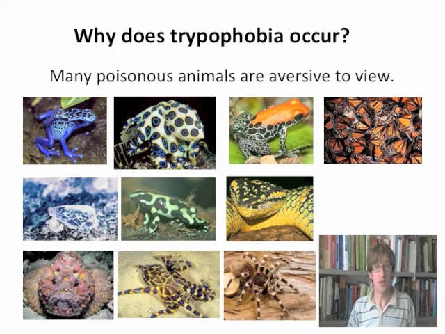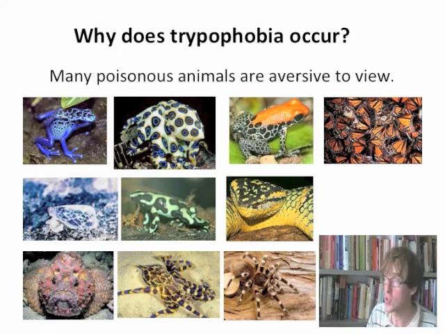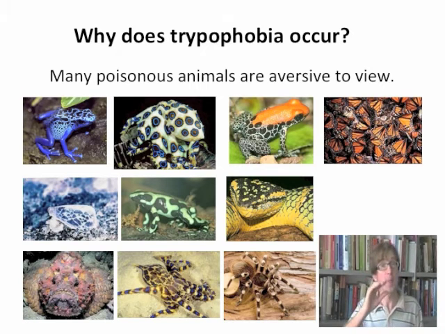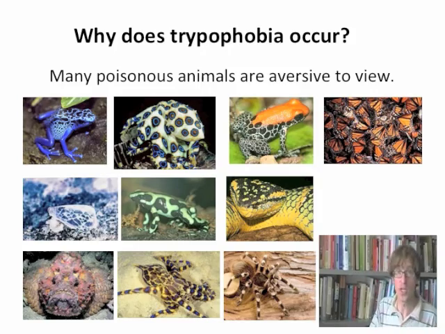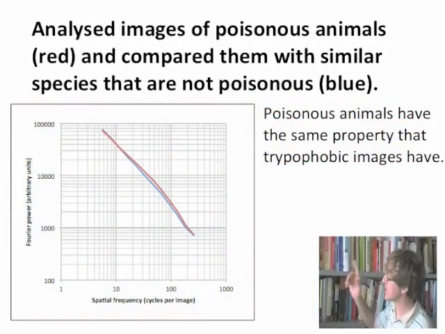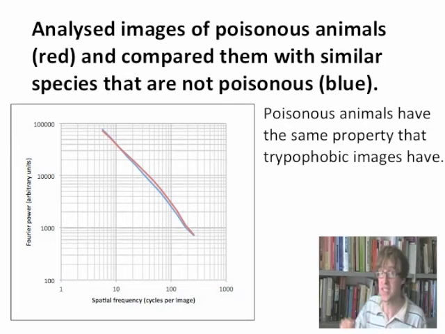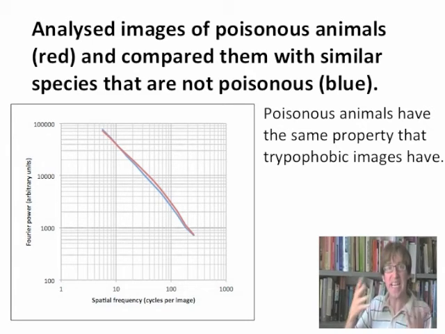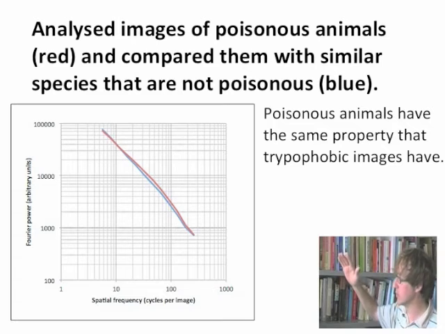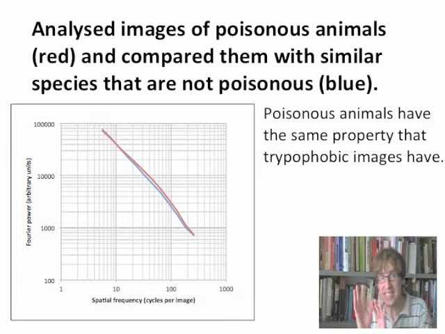So myself with my colleague Professor Wilkins, we did a spectral analysis. Remember, where you take an image and you break it down into its fundamental parts. We did a spectral analysis on poisonous animals, compared them with controls, and this is what we found. The important thing is this: the visual signature of the poisonous animals is the same as the trypophobic images.